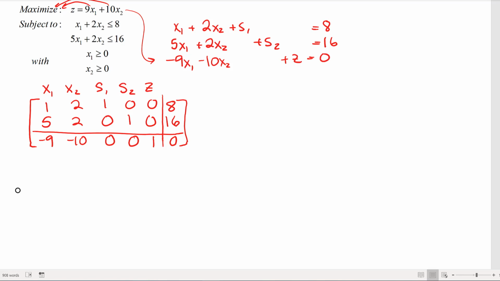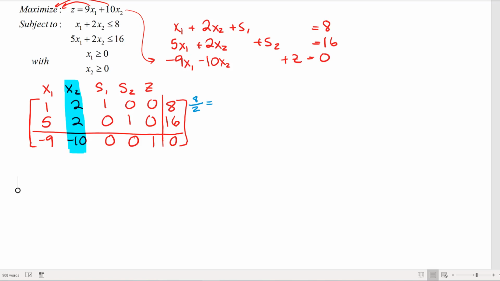And I want to decide which column is going to be my pivot column, so I'm looking for the largest negative indicator. The largest negative indicator is 10, so x2 is going to be my pivot column. To decide which row is my pivot row, I'm going to take the constant term 8 and 16 and divide it by the values in the pivot column.